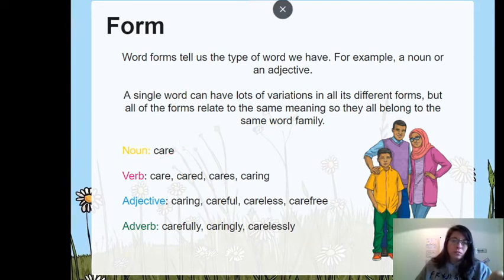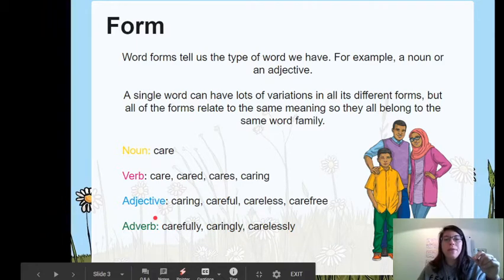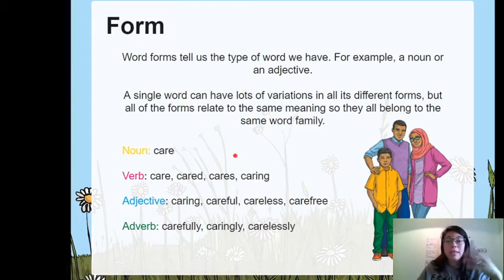So I told you there are some forms of words, and these forms tell us what type of word we have. And in class, we saw that we have nouns, verbs, adjectives, and adverbs. Now, we have studied nouns, which are a person, a place, a thing, an idea. A verb is an action.